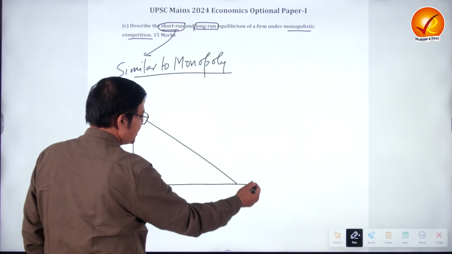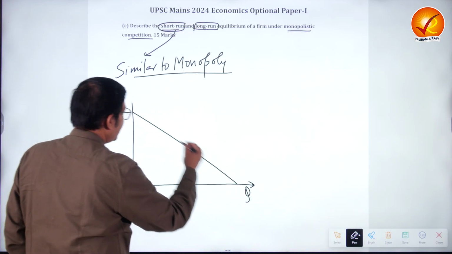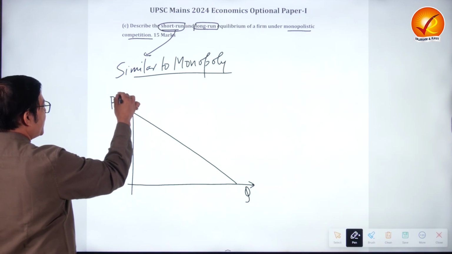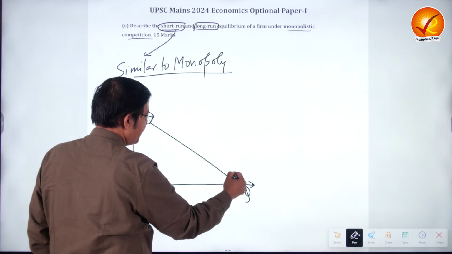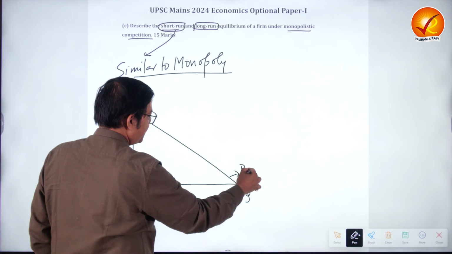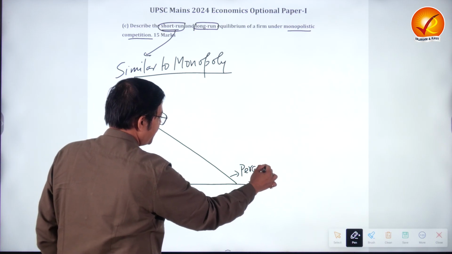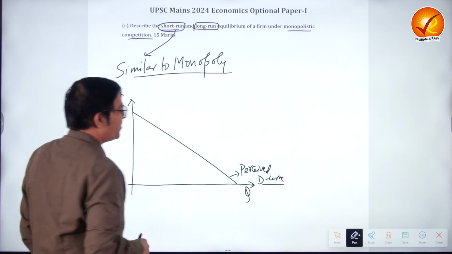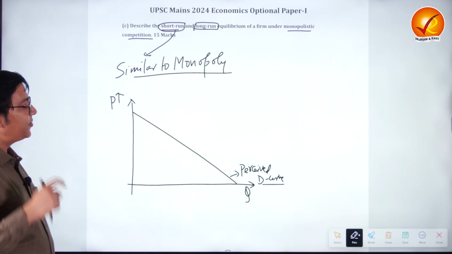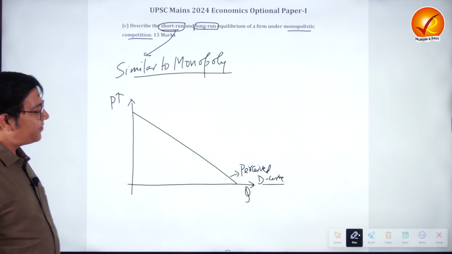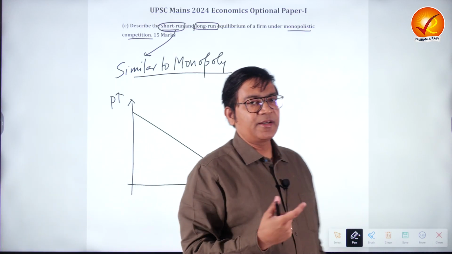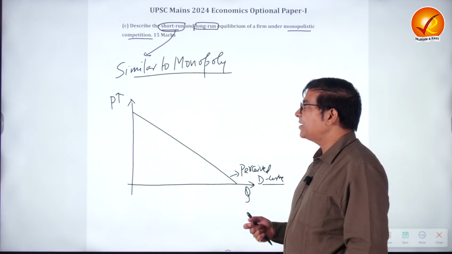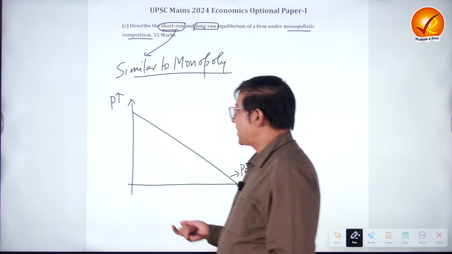Generally in monopoly, we just call it the demand curve. Here you can more formally call it the perceived demand curve. Remember, we did it in the first part, because in monopolistic competition there can always be two types. In the short run, we will not talk about the planned demand curve because we are not explaining the change in price and its impact.